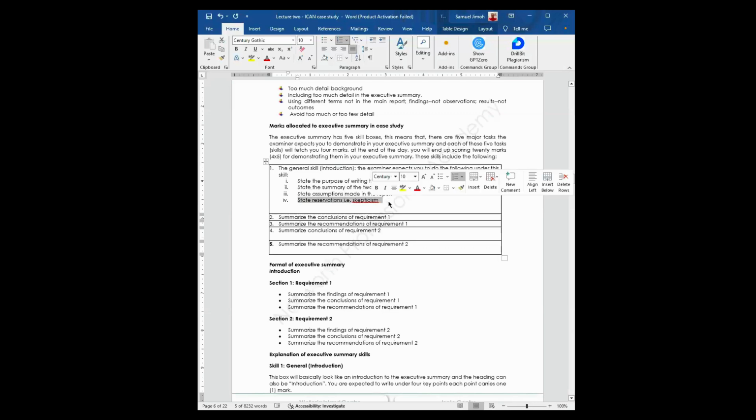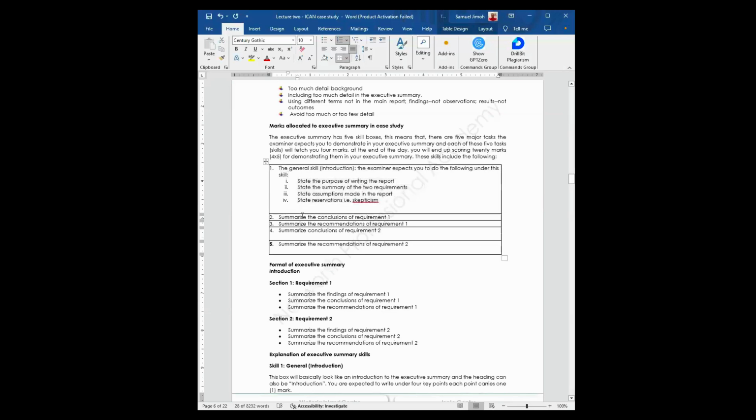So whatever skeptical issues that you may have identified in the body of the report, you should state under the executive summary. That is the first sub-skill under executive summary, which means that the first thing you will do should be this. Under the introduction, you do these 4 things.